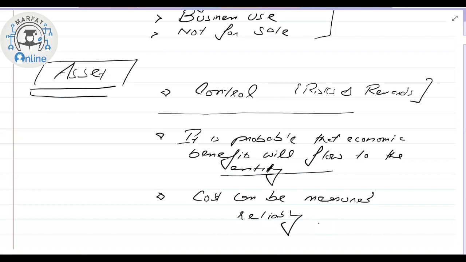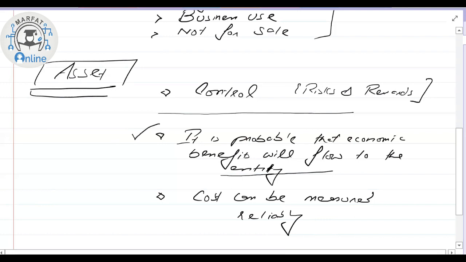So if you want to record the asset over there, that means you should be able to assign a reliable value to your asset. What is the worth of this asset? If the cost cannot be measured reliably, if you cannot assign the values to that thing, that should not be called as an asset. So the three things, and these two ones are the major things.